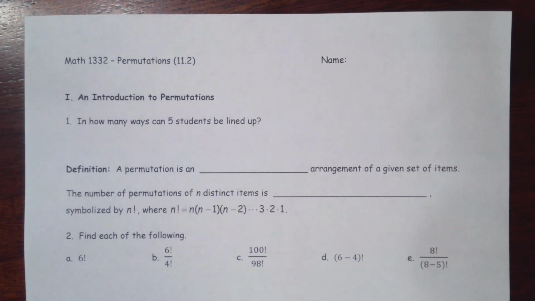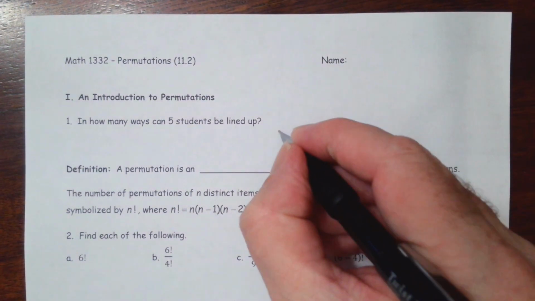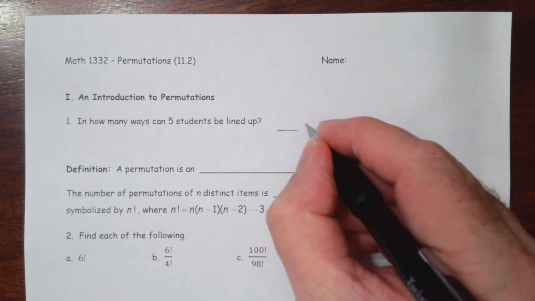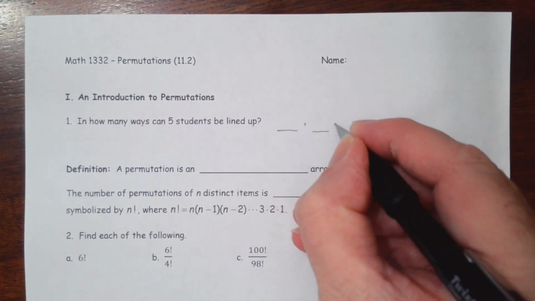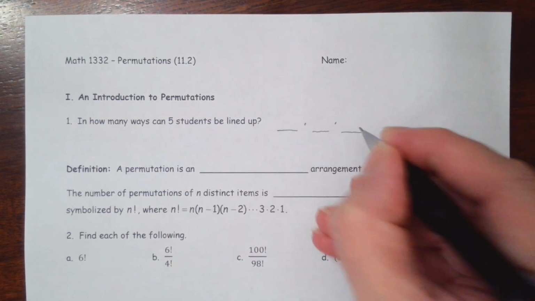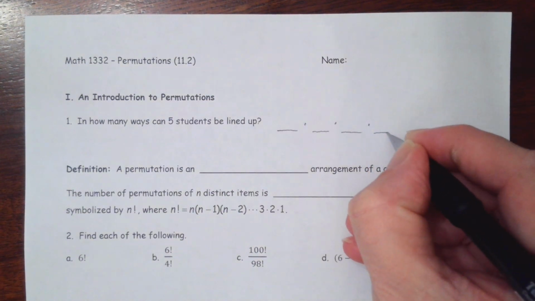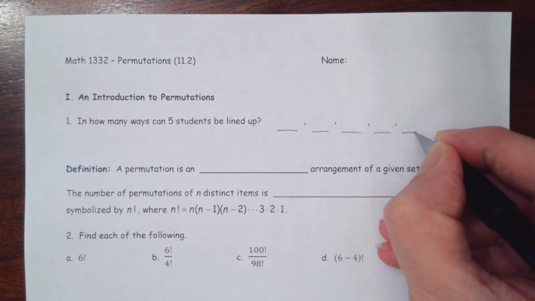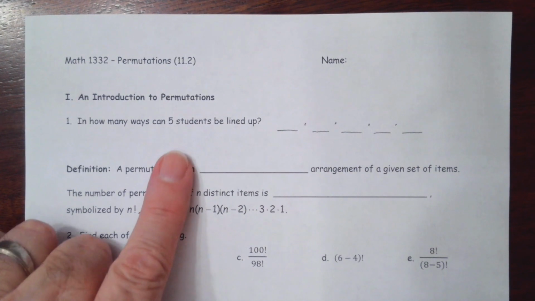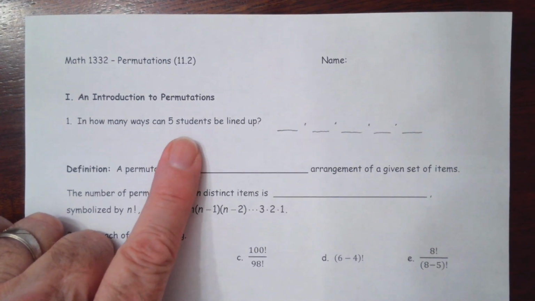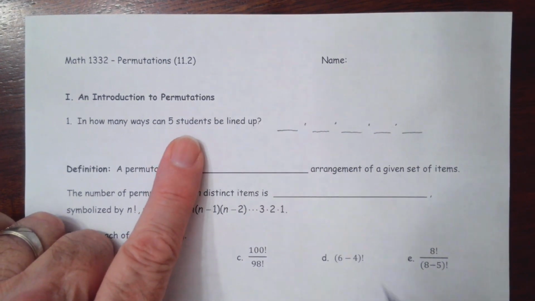Well, we can use the fundamental counting principle that we learned in section 11.1. Basically, we're making 5 choices, and we're going to find out how many ways we can make each of our choices. Well, if you have 5 students, we're assuming these are 5 different students.